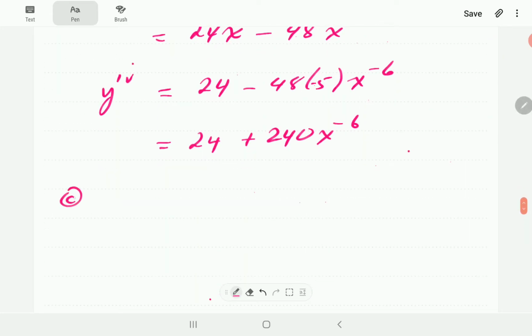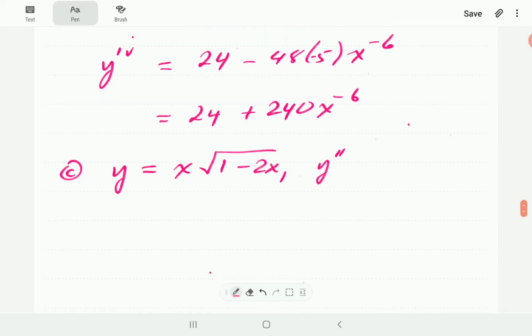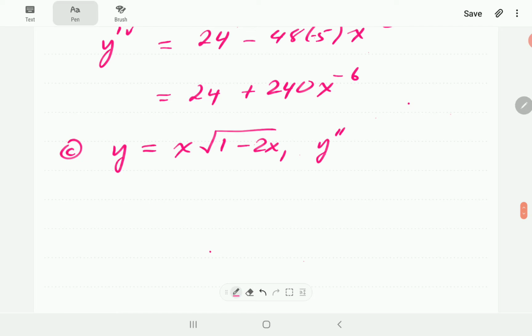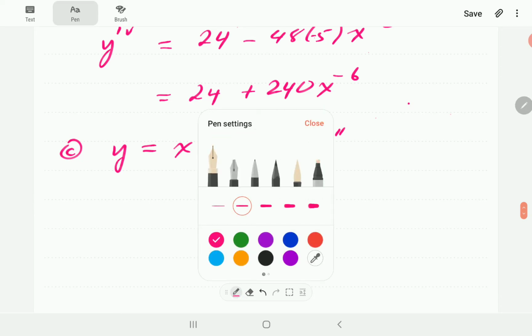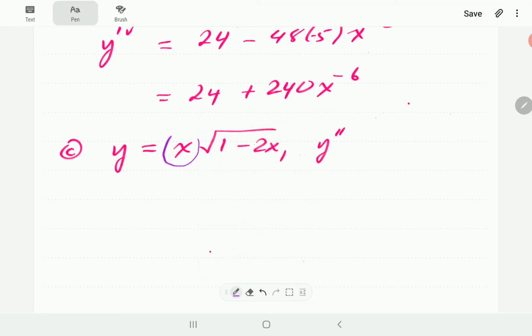In example number C, we have y equals x times the square root of 1 minus 2x. We are looking here for the second order derivative. So what's going to happen here is we're going to have to use the product rule, because the expression is a product, this term times this other term.